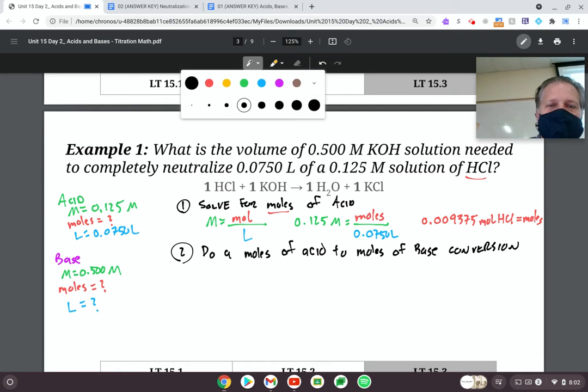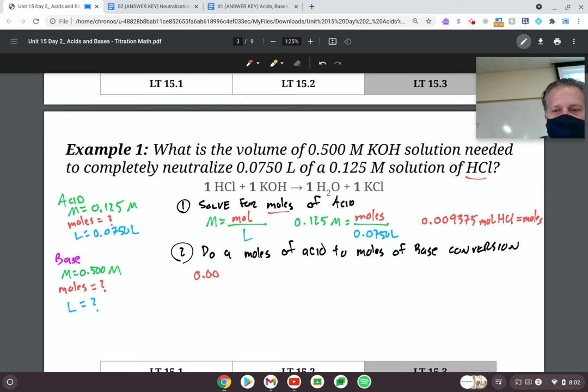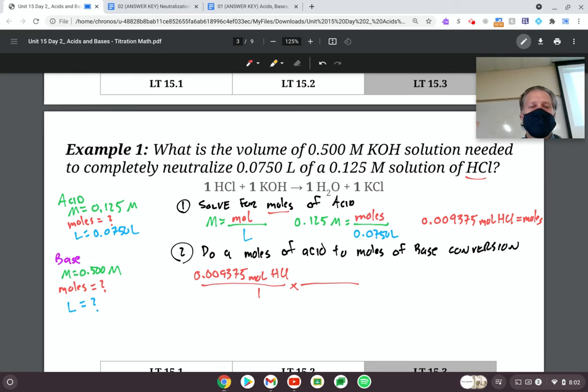And so that's going to be a simple stoichiometry situation. So I'm going to take the 0.009375 moles of acid, HCl, and I'm going to go mole to mole, which is comparing moles of acid to moles of base.